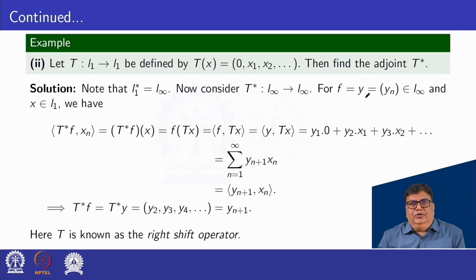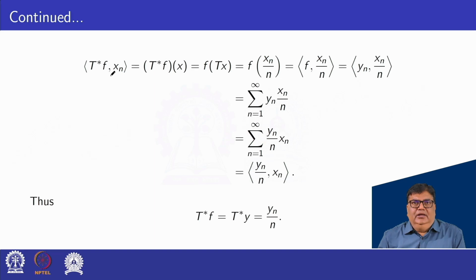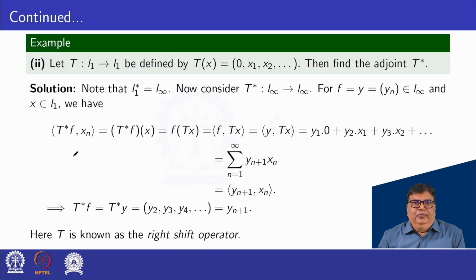For f equal to y, that is a sequence yn belonging to L infinity, and x belonging to L1, then as above, we can write the inner product of T star f and x equal to T star f of x. Meaning of this is this. And T star f of x can be written as f of Tx.